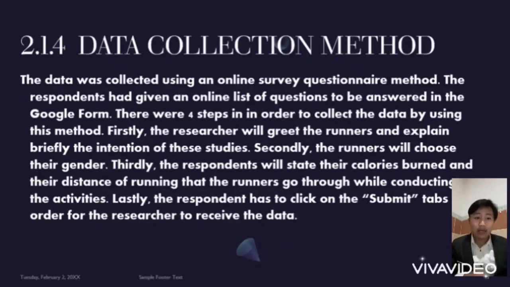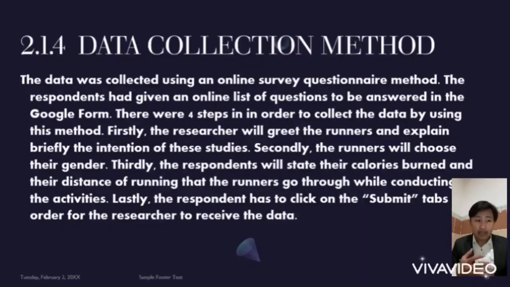The data was collected using an online survey questionnaire method. The respondents were given an online list of questions to be answered in a Google form. There were 4 steps in order to collect the data by using this method. Firstly, the researcher will greet the runners and explain briefly the intention of this study.